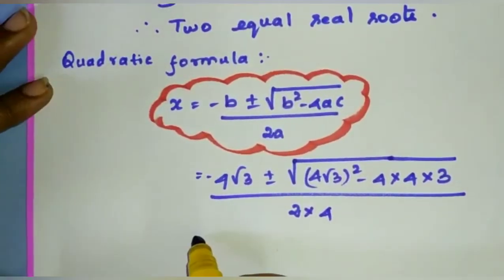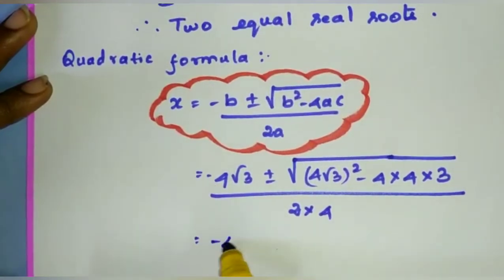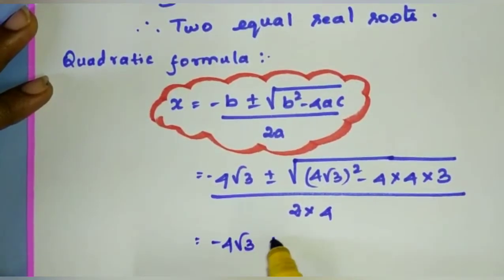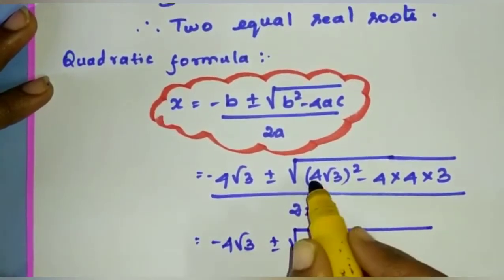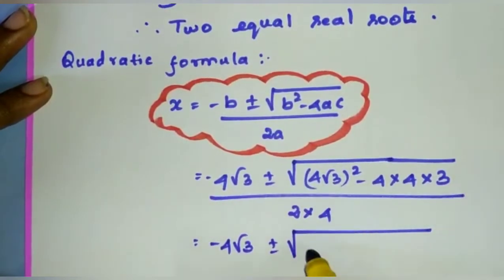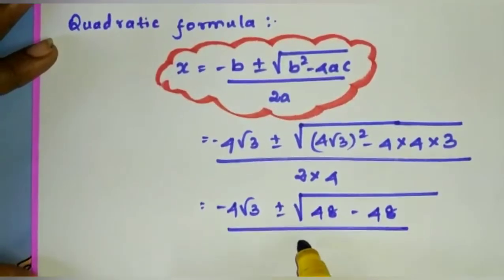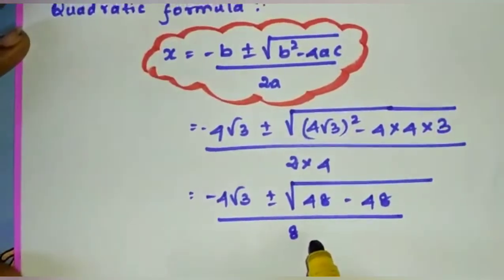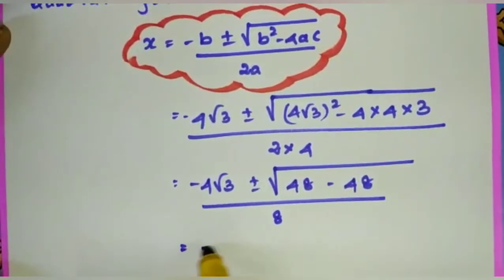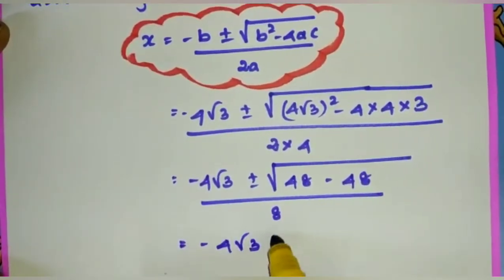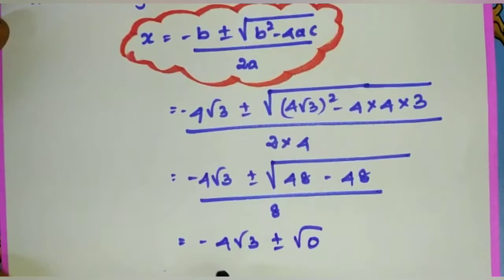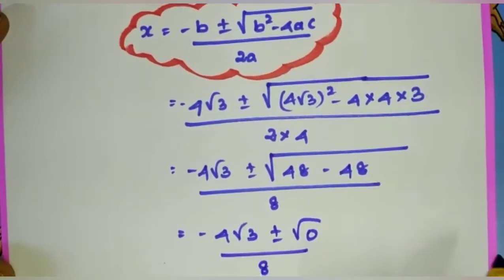Now solve this one. Minus 4 root 3, keep it as it is, plus or minus root of 4 root 3 the whole square is 48 minus 48 divided by 4 2s are 8. Okay. Then minus 4 root 3 plus or minus root 0 divided by 8.